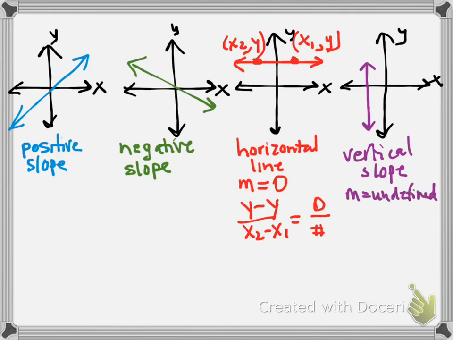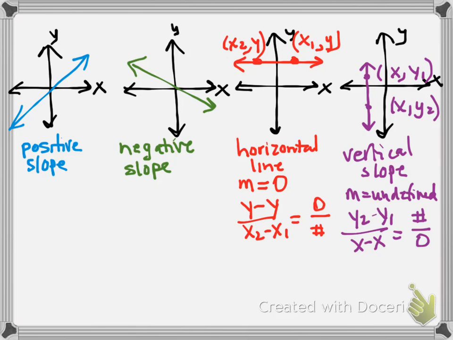What happens here is the 2 points have the same x's but different y's. So when I put it into the formula and I have y sub 2 minus y sub 1, I have x minus x, which gives me some number on top and a 0 on the bottom. And this is what makes that slope undefined. Okay?